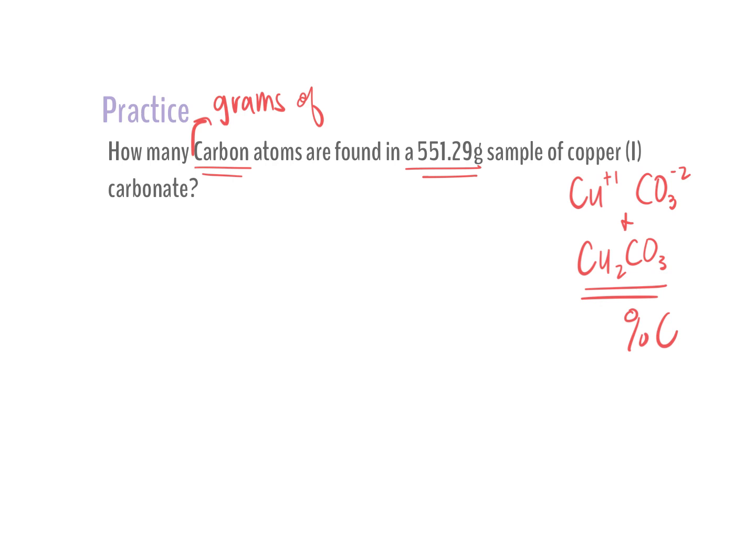Do you remember how to find percent composition? Yep, we need to find the whole mass first. So the molar mass of copper carbonate, let's find the molar mass of that.